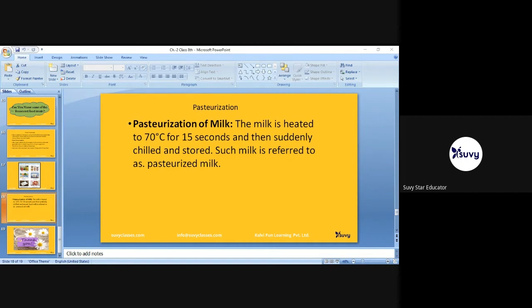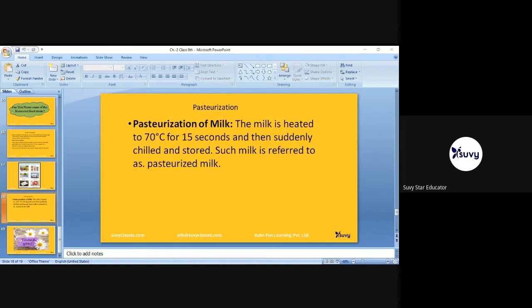For pasteurization, we set the temperature to around 65 to 70 degrees. Now the milk in the large container starts heating. Once it reaches 70 degrees Celsius, we turn on the timer and set it for 15 seconds.